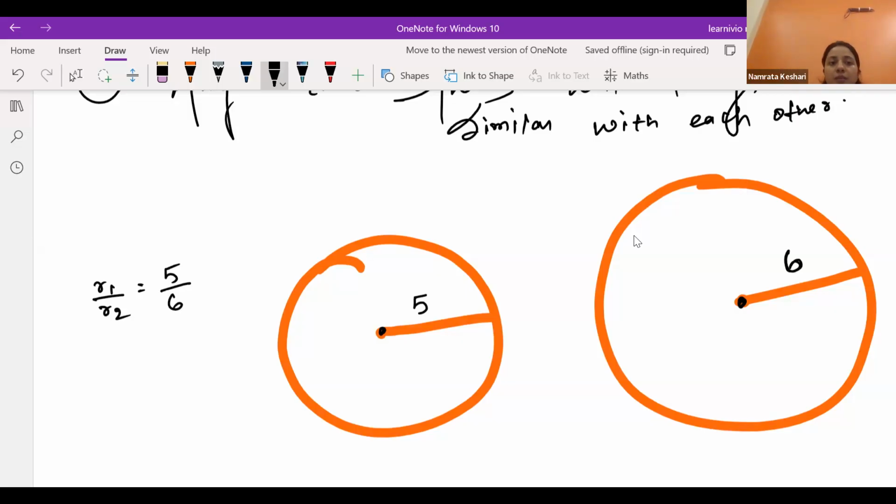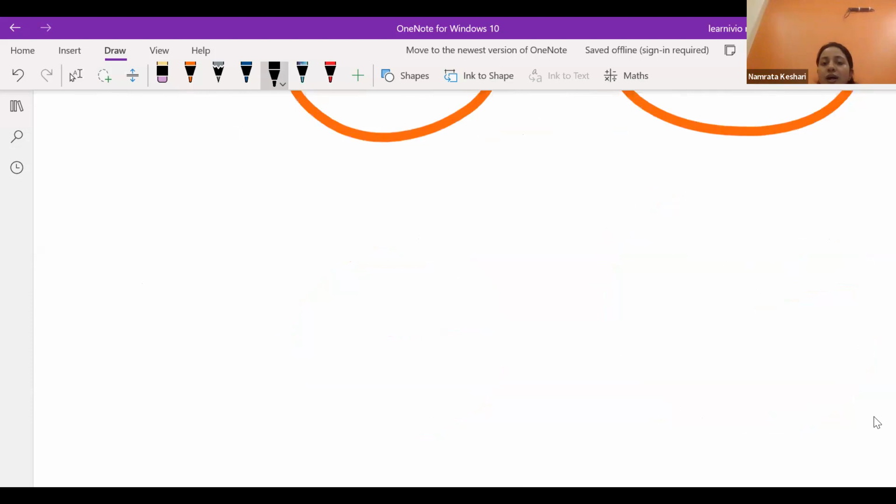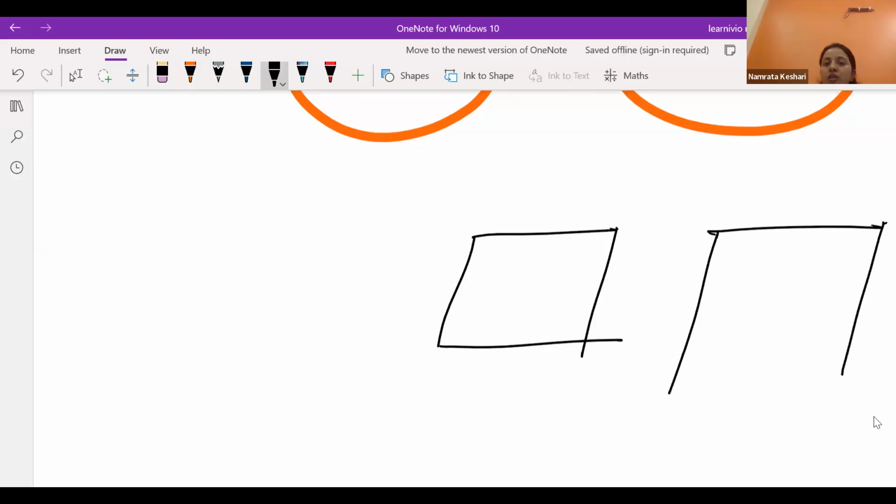Okay, for other shapes, let me take another shape. Suppose you are having a parallelogram and you are having another parallelogram. So here you are able to match the ratio. Suppose this one is 2, this one is 5, this one is 3, this one is 15.